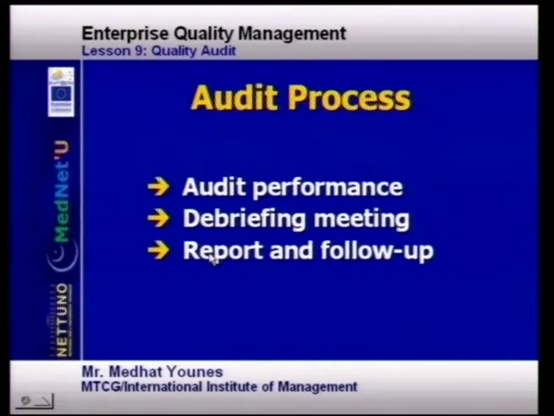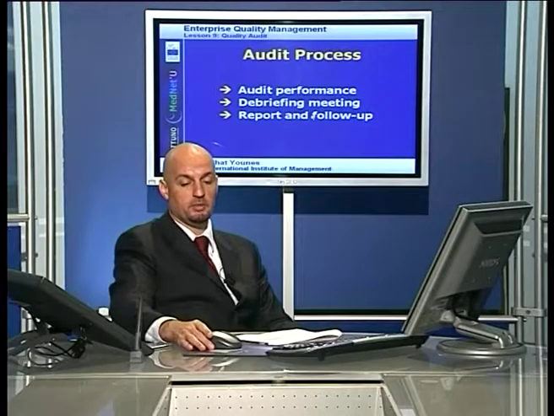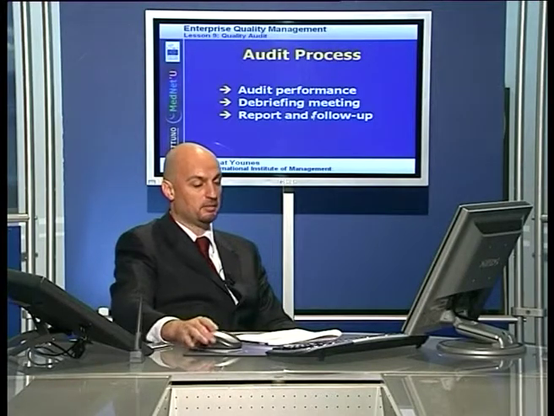Then he reports on the compliance of the quality management system within the organization and follows up with the management to see if any corrective actions have been taken and any non-conformances have been rectified.